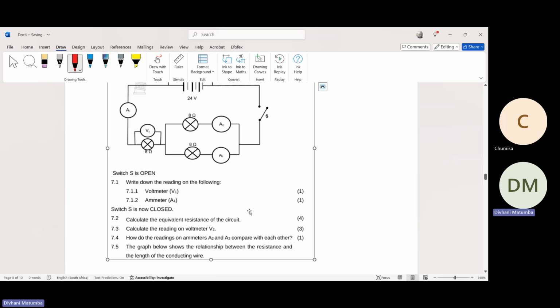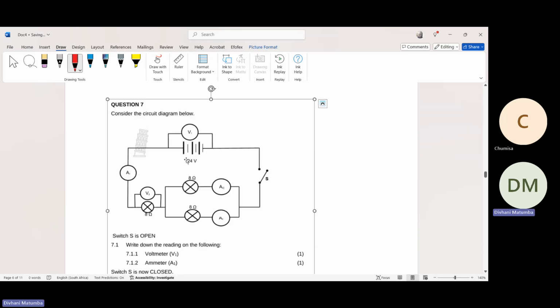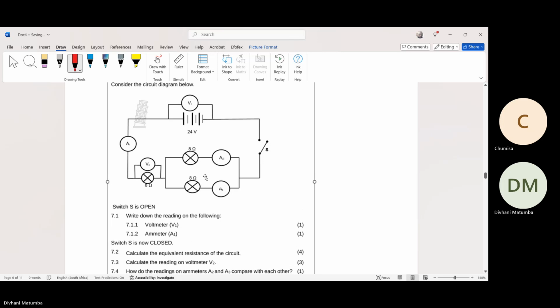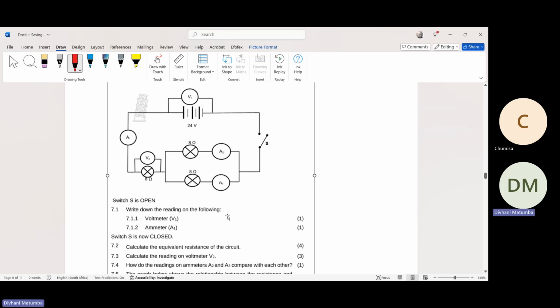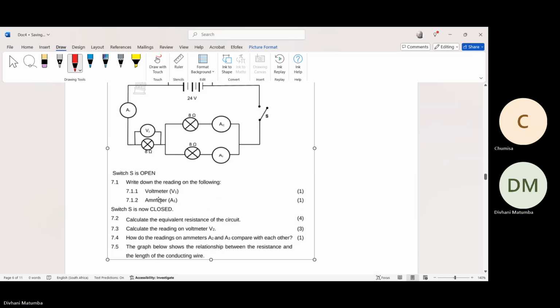Can you see what's on the screen? Yes, sir. Okay. Consider the circuit diagram below. Switch S is open. Write down the reading on the following. Voltmeter V1.